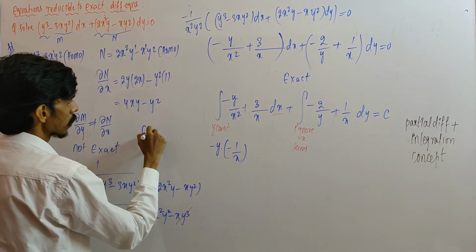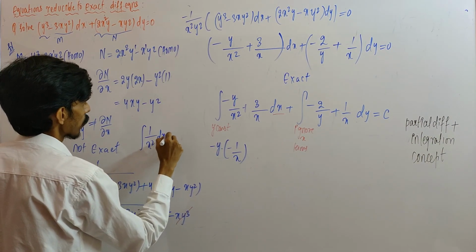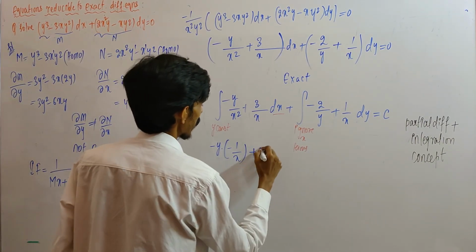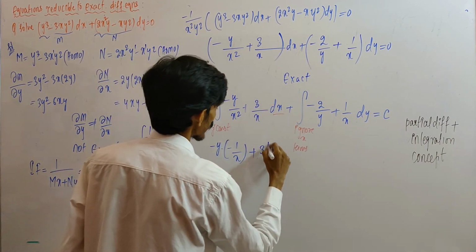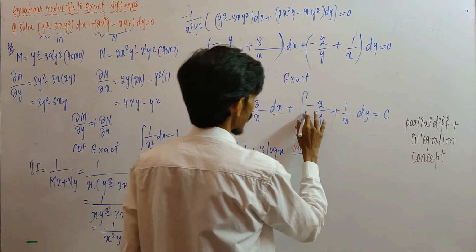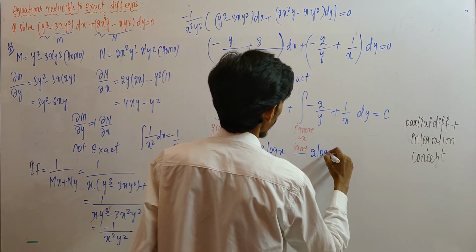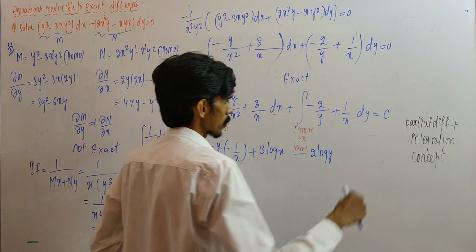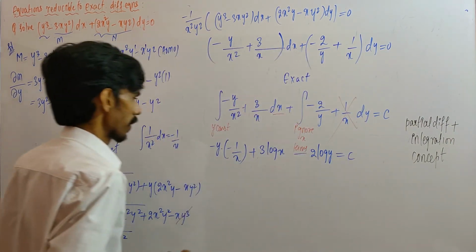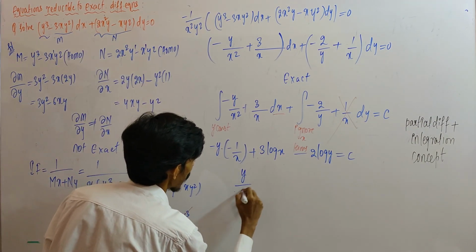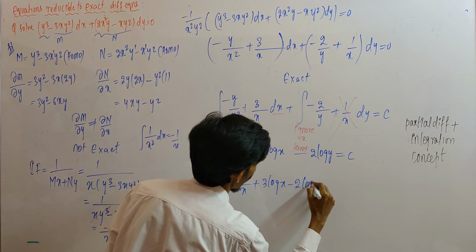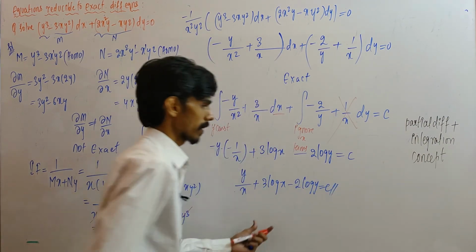Remember this, integration of 1 by x square dx value is minus 1 by x, plus 3 is a constant, integration of 1 by x dx value is log x, minus 2, integration of 1 by y dy value is log y, ignoring the x term. So if we ignore this term, we'll get 0 here. So the answer is y by x plus 3 log x minus 2 log y is equal to c. This is the solution.